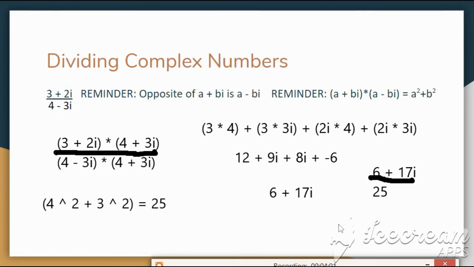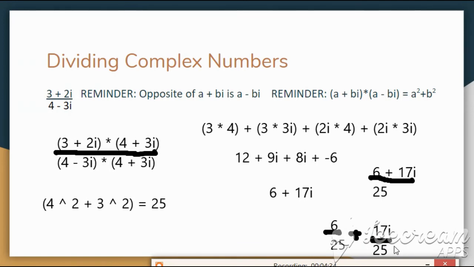All we have to do is 6 over 25, and then add on 17i, not 12i, 17i over 25, with a little addition sign in the middle. So we'll have 6 over 25 plus 17i over 25, and you could also move the i down here if you would like to.